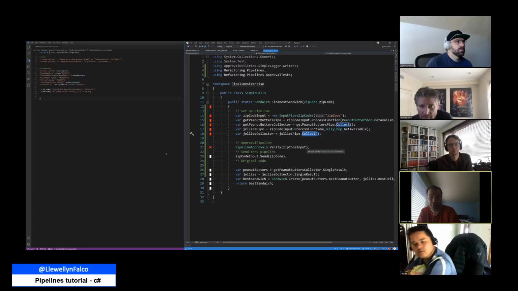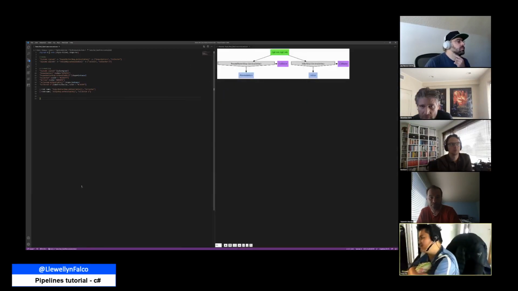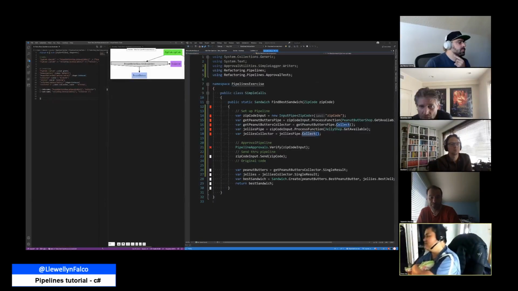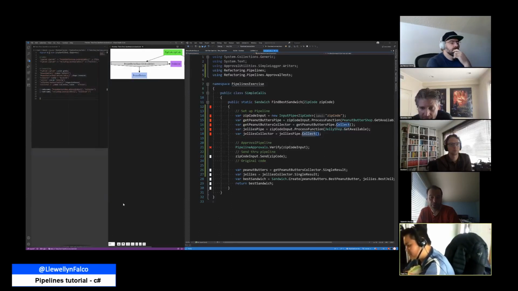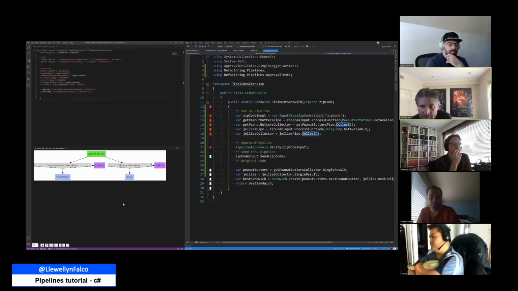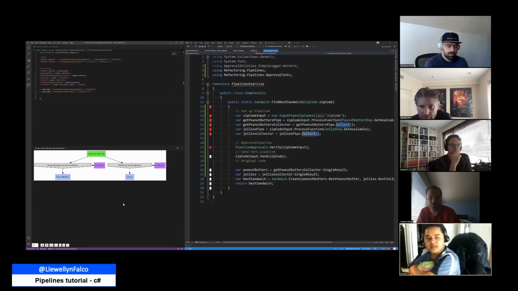But once you build more of the graph, they will not be needed. I see. So the collector is basically just giving us back the result for that specific process function. But if we have multiple collectors, then we have a different way to get all of the collectors together. Exactly.